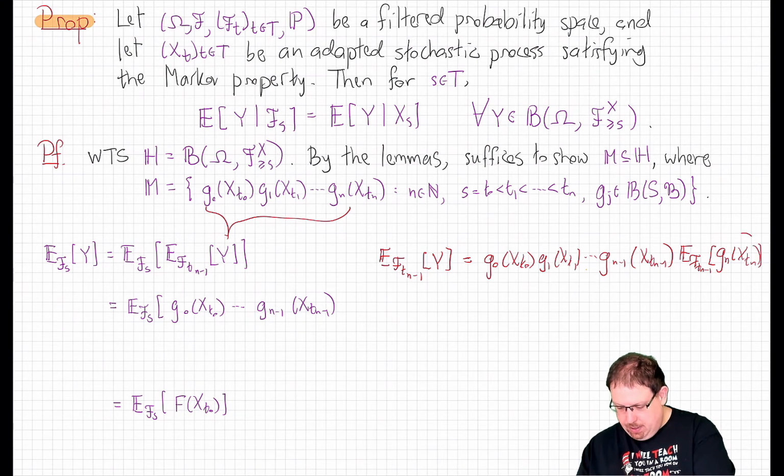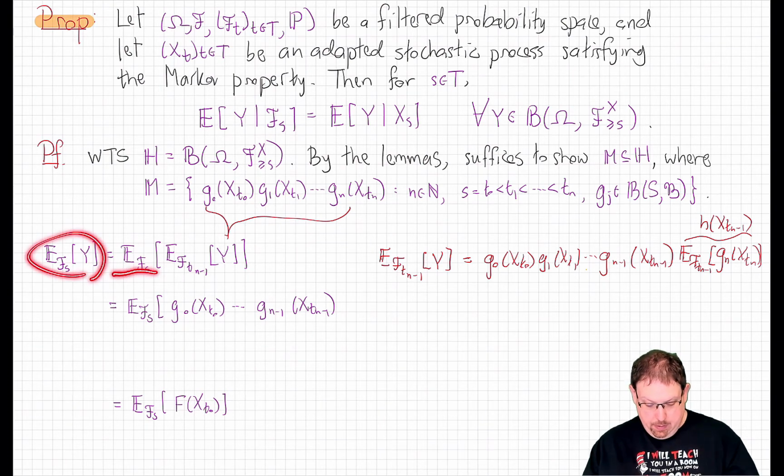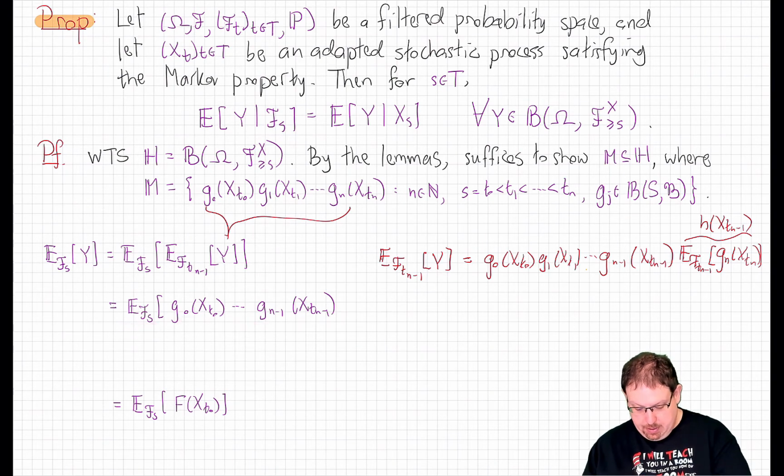So let's call that function there h, and it is a function of X_{t_{n-1}} by the Markov property. So that means that this overall conditioning here is just conditioning on F_s of that product times h of X_{t_{n-1}}.